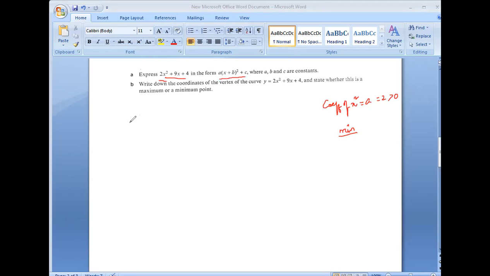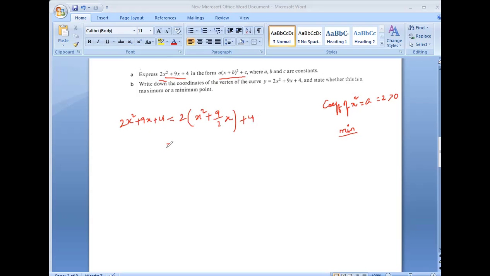So 2x square plus 9x plus 4. First we have to convert it into the form of a into x plus b whole square plus c. If I take 2 common, x square plus 9 by 2 x, and keep this constant aside.